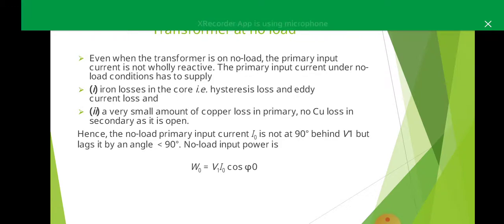Hence, the no-load primary input current I0 does not lag V1 by 90 degrees but by an angle less than 90. So the no load input power W0 is equal to V1, the supply voltage, times I0 times cos φ0.